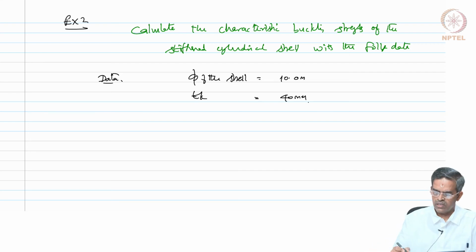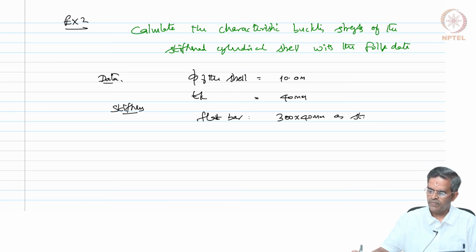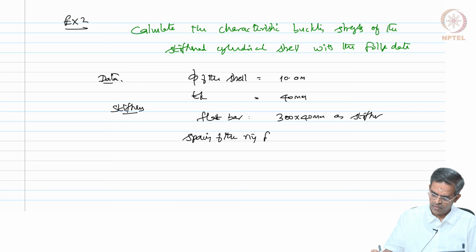Let us say we are using stiffeners as follows. We are using a flat bar of size 300 by 40 mm as stiffener. Ring frame spacing is 600 mm, center to center.